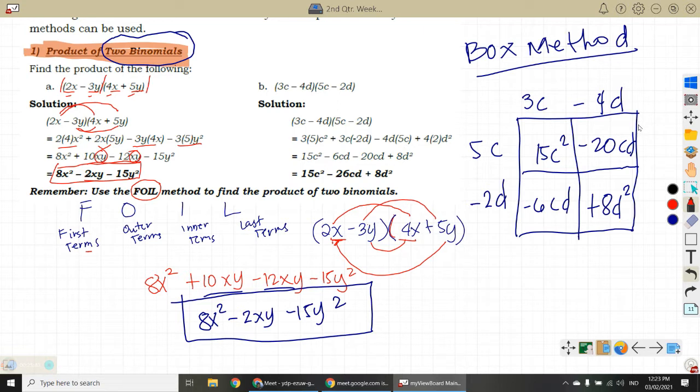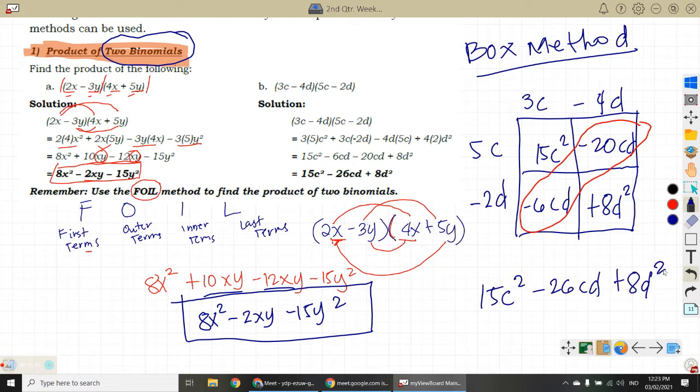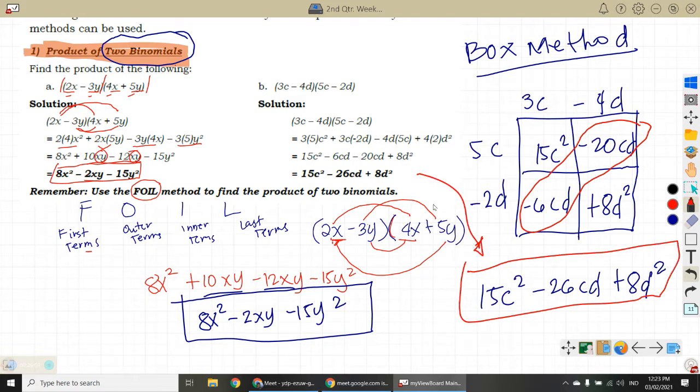The answer, ito ay ina-add. So you're going to add that, no? So final answer is 15c squared. Adding this is negative 26cd plus 8d squared. That is the box method. Okay? So the same lang naman siya ng answer kapag ka in-horizontal method natin siya. More examples.